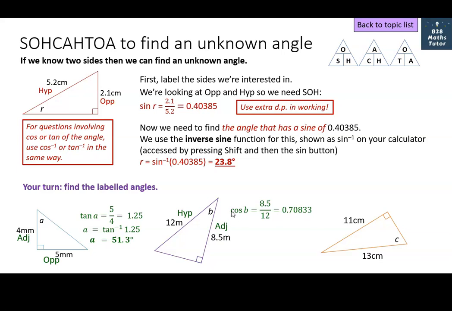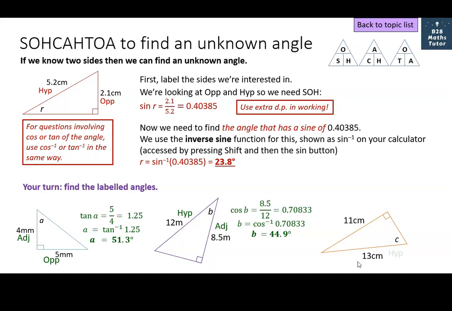We need to get rid of the cos bit, so we need to inverse cos it. So the angle that has 0.70833 as its cosine is inverse cos of 0.70833, and that gives you B equals 44.9 degrees.